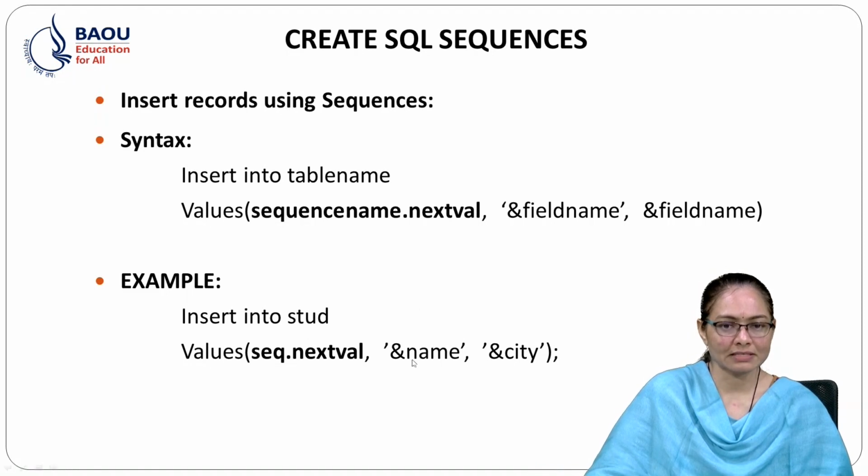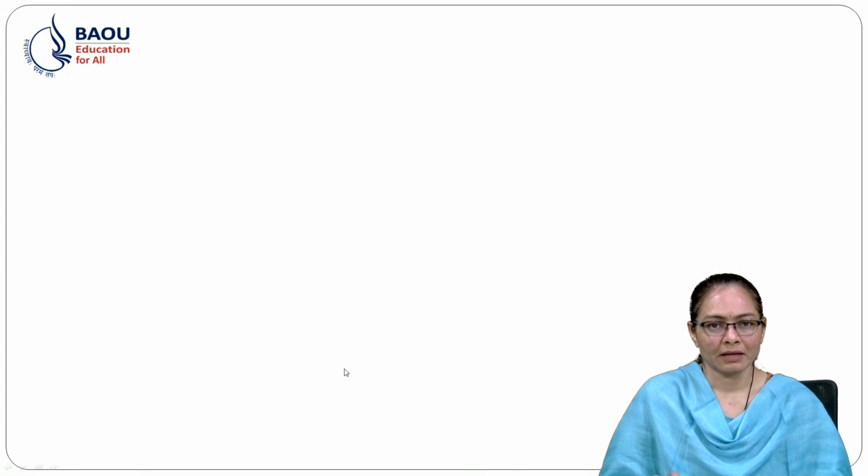After that, this ampersand asks the user to enter the value for the name field, and this one asks for the value for the city column. So, this command is used to insert a record using the sequence. We don't insert a value for the roll number. Here the name and city columns are there, but the value in the roll number column is automatically generated.